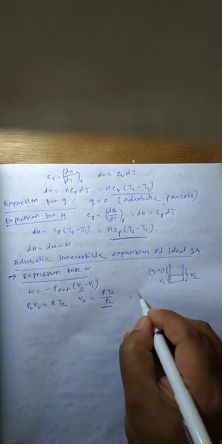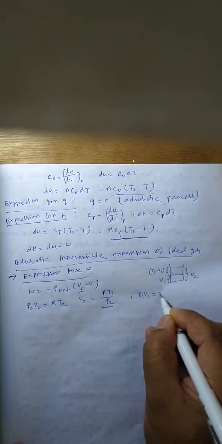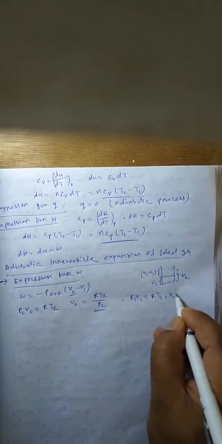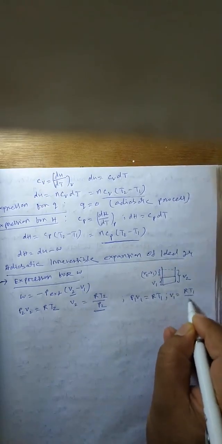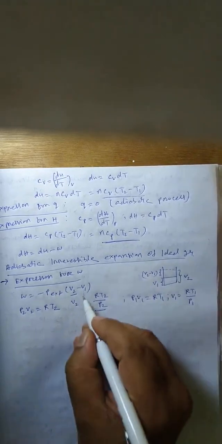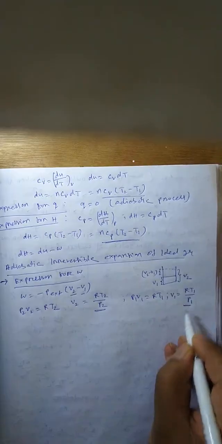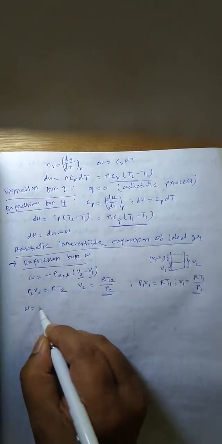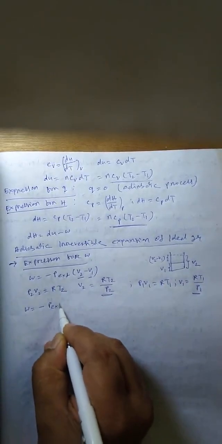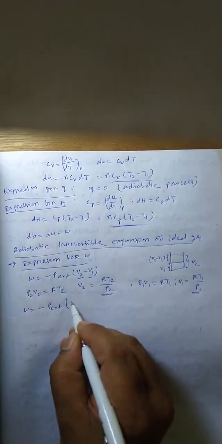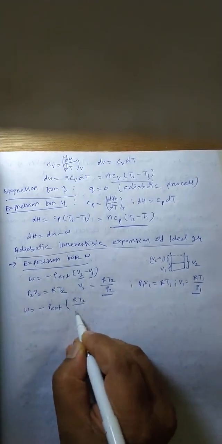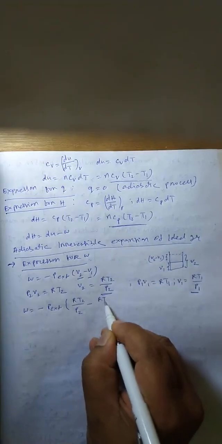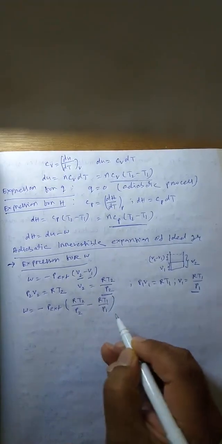Similarly P1V1 is equal to RT1, then V1 is equal to RT1 by P1. Now in place of V1 I substitute this value. Now your W becomes, in this way you have to proceed: instead of V2 I write RT2 by P2, minus instead of V1 I write RT1 by P1.